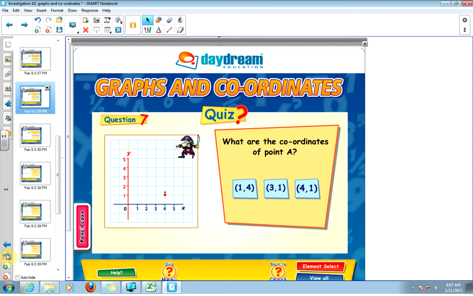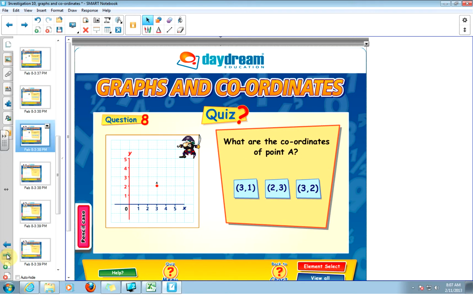What are the coordinates of point A? 1, 4, 3, 1, or 4, 1? Question 8. What are the coordinates of point A? 3, 1, 2, 3, or 3, 2?